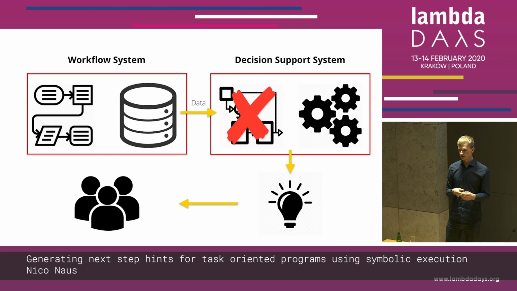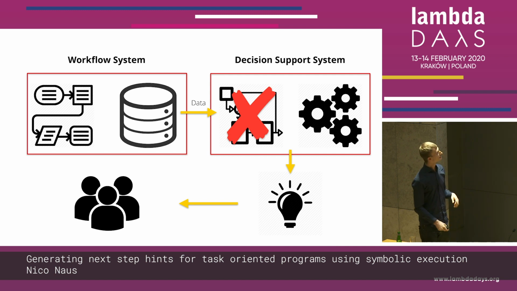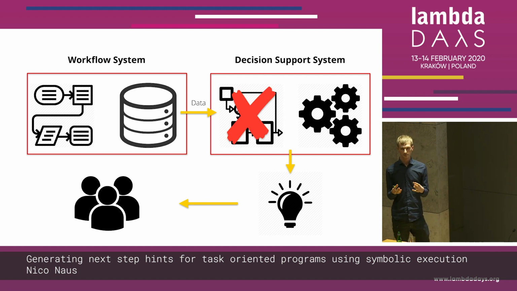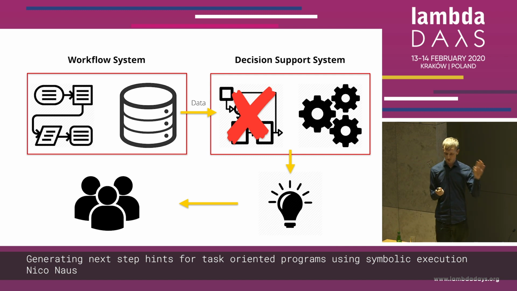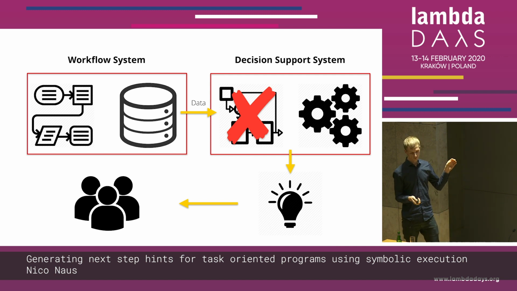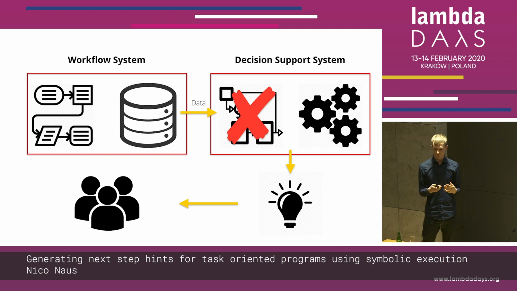And the idea of a decision support system is that it has some kind of model of the problem, which is obviously smaller than the actual workflow system. And it has a reasoning engine that takes data from the workflow system together with that model, and then comes up with some sort of advice for the end user.